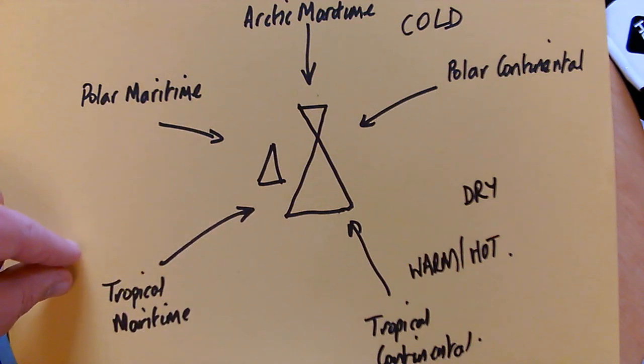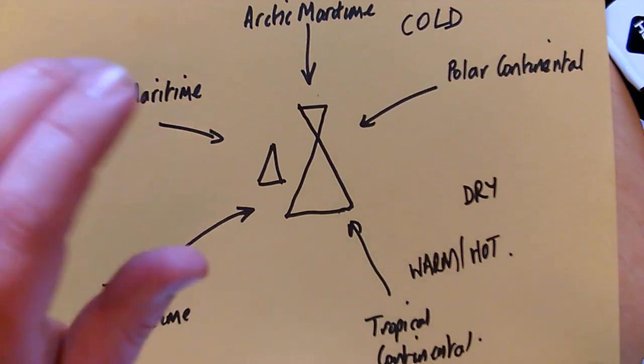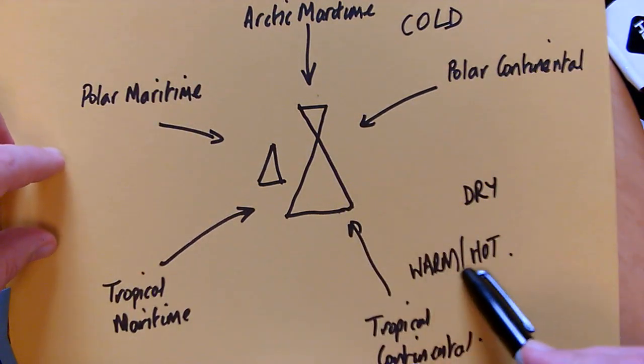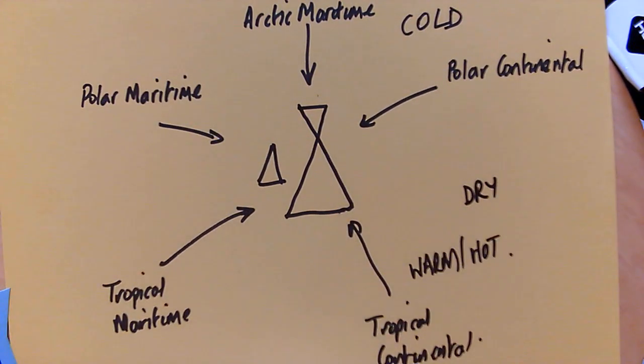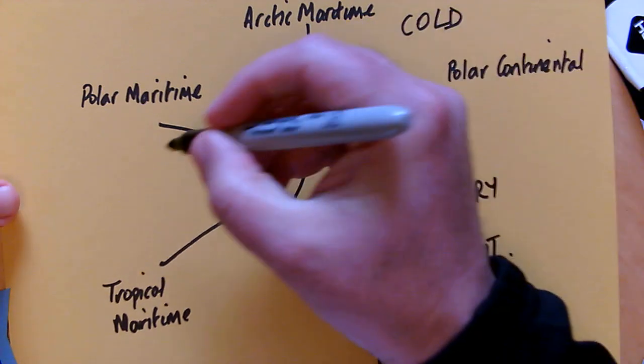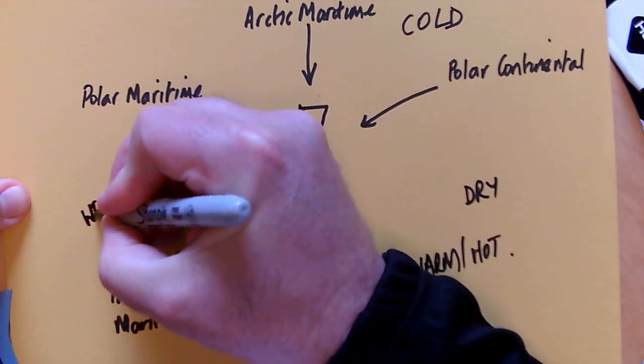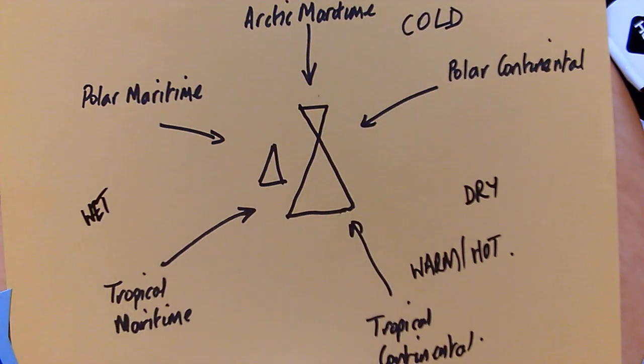Moving around then to tropical maritime. Now I said it's going to be warm or hot because it's coming from the south, but maritime air masses are wet because they come over the ocean. The tropical maritime source region is a small collection of islands called the Azores high pressure cell, which is in the middle of the Atlantic Ocean.